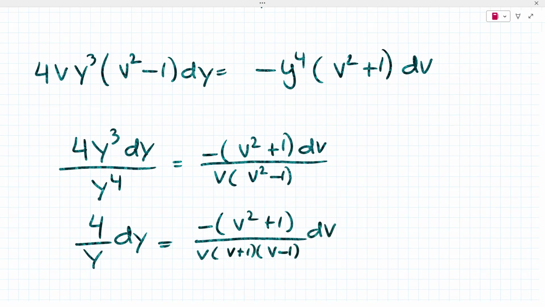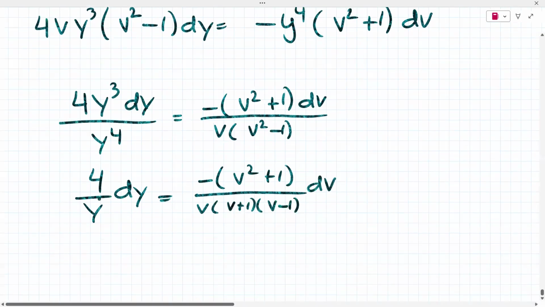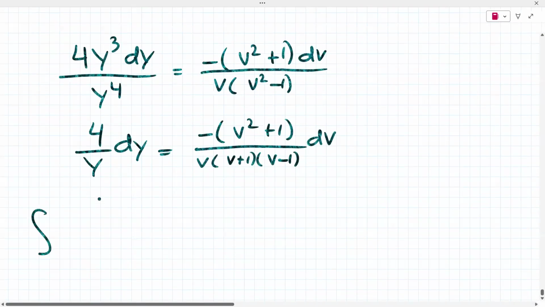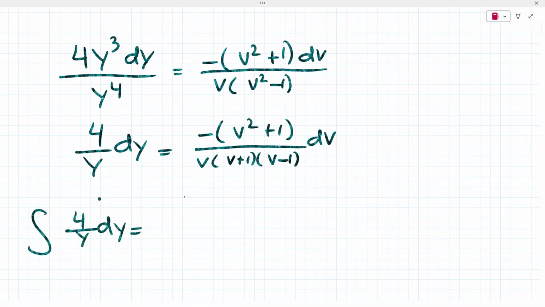This one's easy, it's just 4 ln of the absolute value of y. Now we have to take the integration, right? How would we take the integration of this?